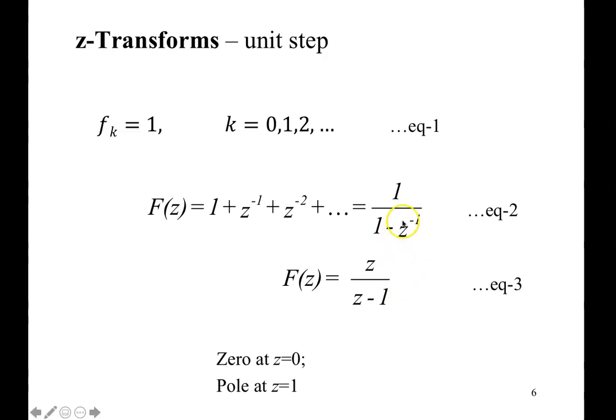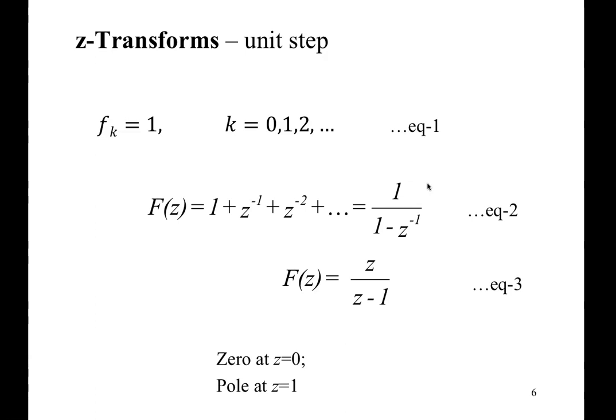Now, going from step 2 to step 3 is something I've done deliberately because I want to find the zeros and poles. But in general, we like the earlier format better, especially for the design of digital controllers, because z to the power of minus 1 represents a delay, whereas z represents an advance.